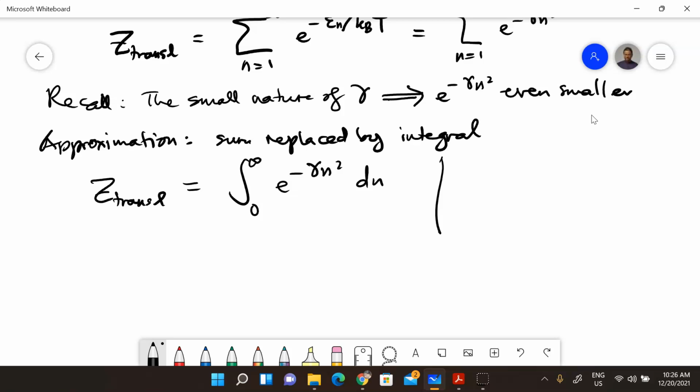So recall, maybe a side here, I think probably you have also seen this in quantum mechanics: the integral of exponential minus m squared x squared dx from 0 to infinity is root pi over 2m.